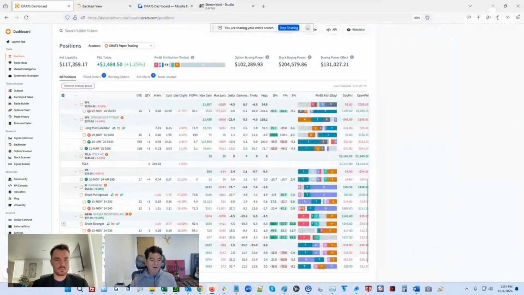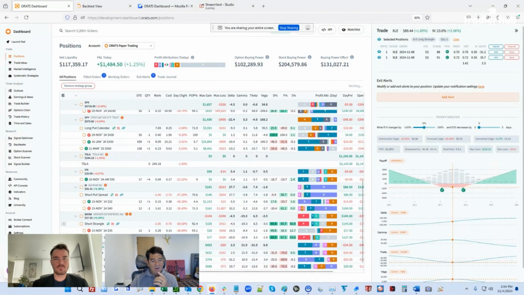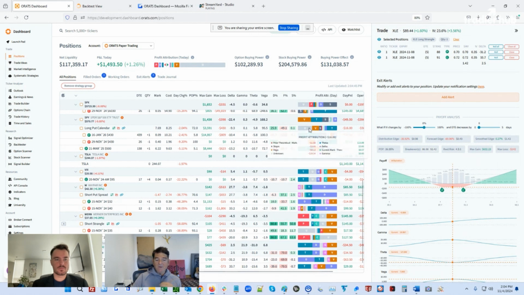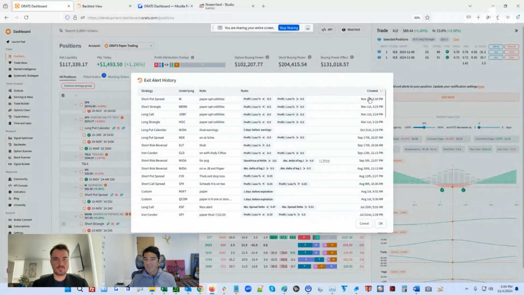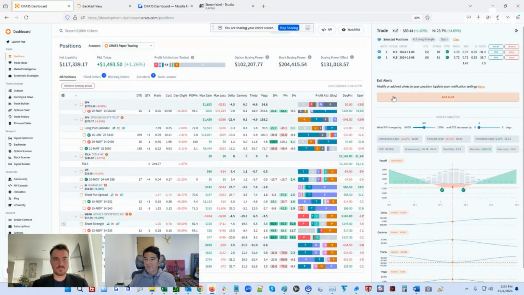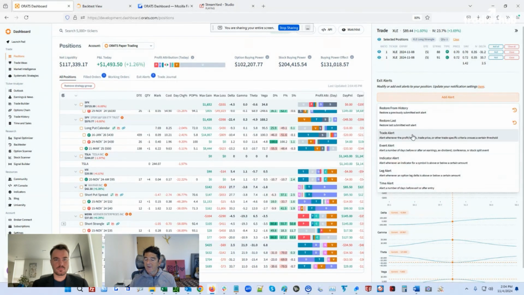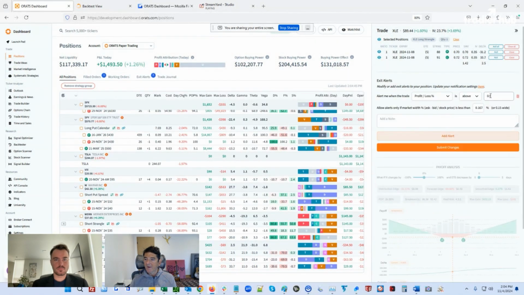I'll probably set an alert. Yeah, let's try to get $1.91. So we'll just set an alert. That's one way to do it. Or I could add an alert, trade alert. So if I get even 10%, it's going to do 10% on the $1.91.